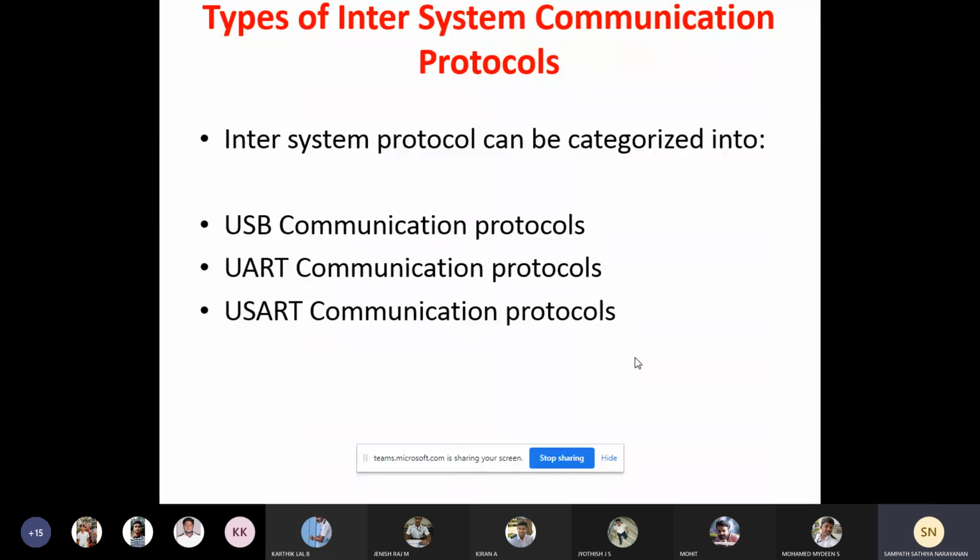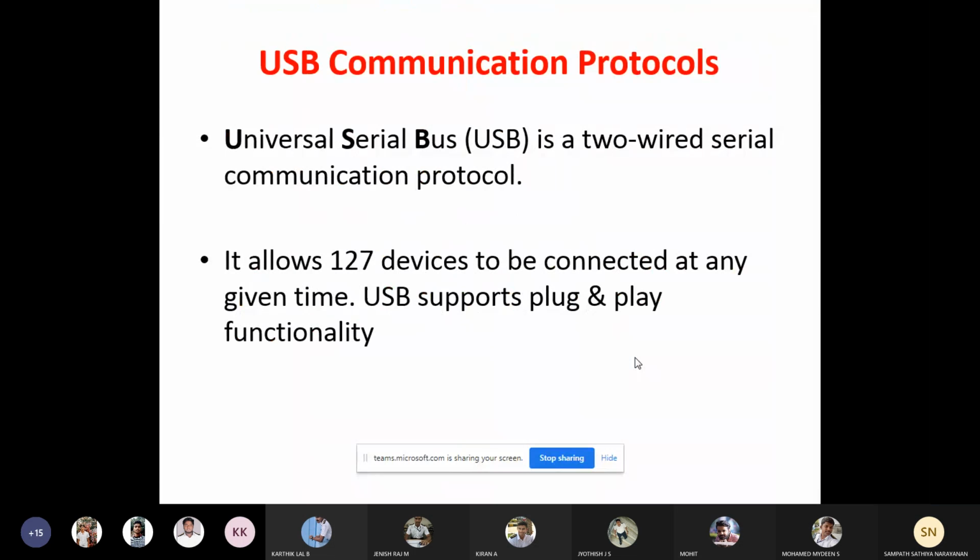We'll see some of the basic features of USB. We'll also see what the communication format in USB is.